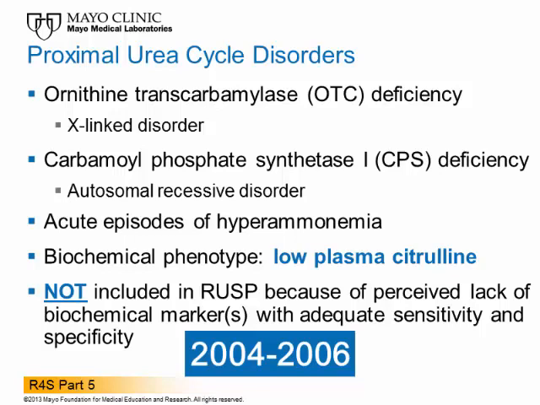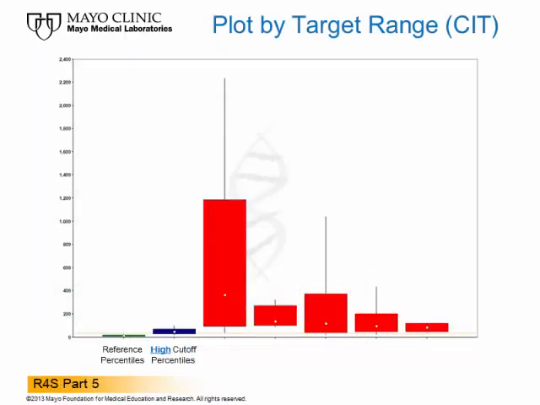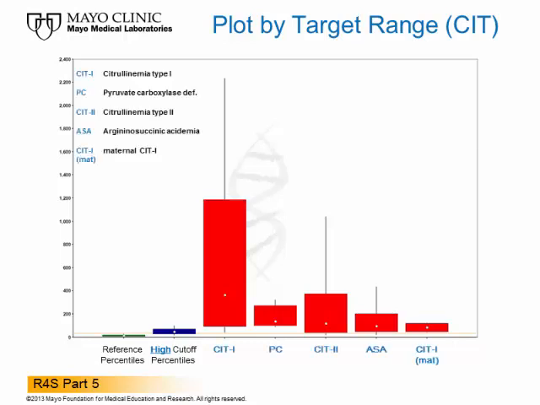However, elevated citrulline is regarded as a reliable marker for several conditions shown here in the plot by target range tool. They are, from left to right, citrullinemia type 1, pyruvate carboxylase deficiency, citrullinemia type 2, also known as citrin deficiency, argininosuccinic acidemia, and maternal citrullinemia type 1.